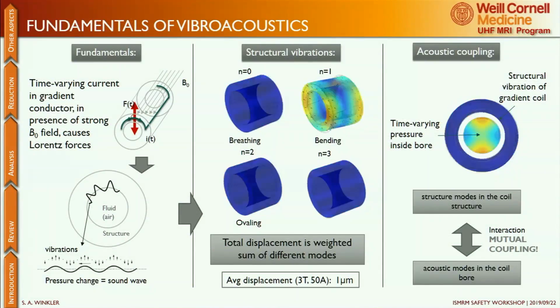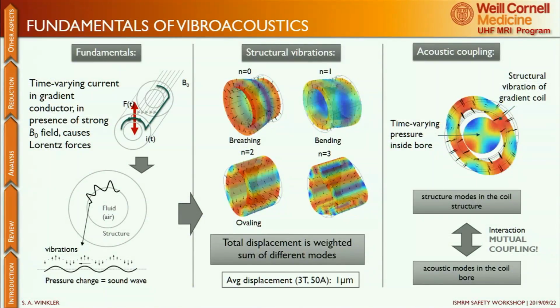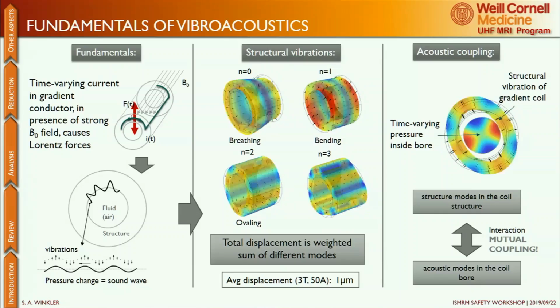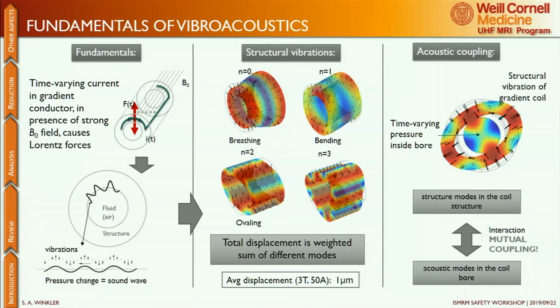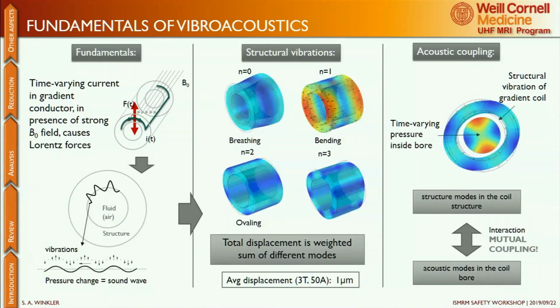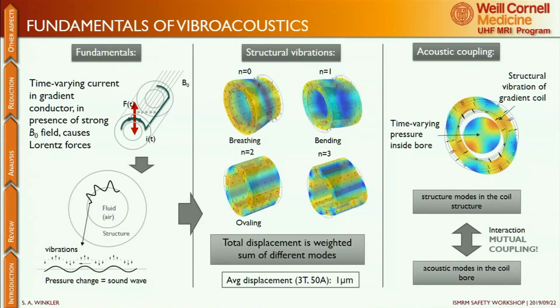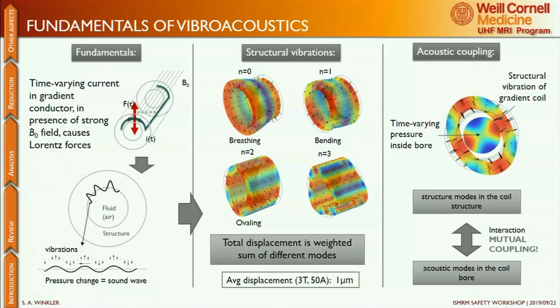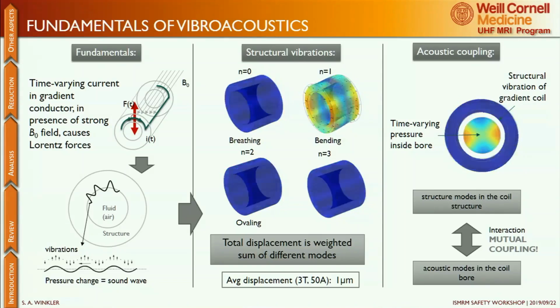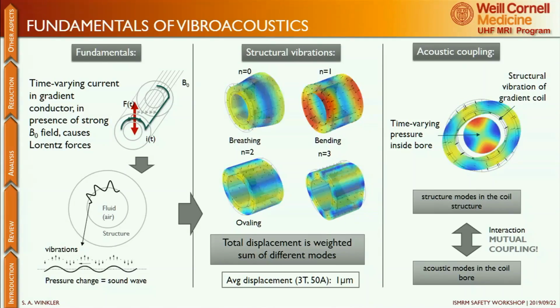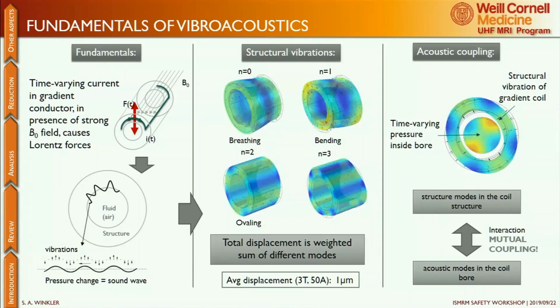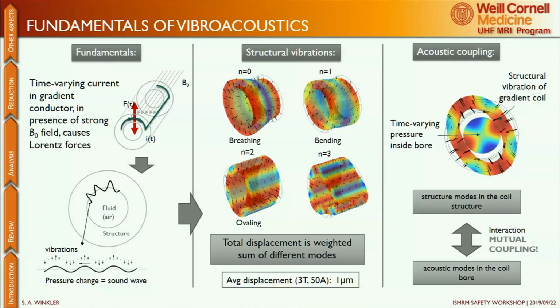Most of you probably know this, but very quickly, the gradient conductors have currents running on them, and because they're in a strong magnetic field, there's a Lorentz force that is induced, and because these currents are time varying, you now get a vibration. And so now the gradient shell vibrates, and that means that you get a pressure change at the bore wall, which results in a sound wave.